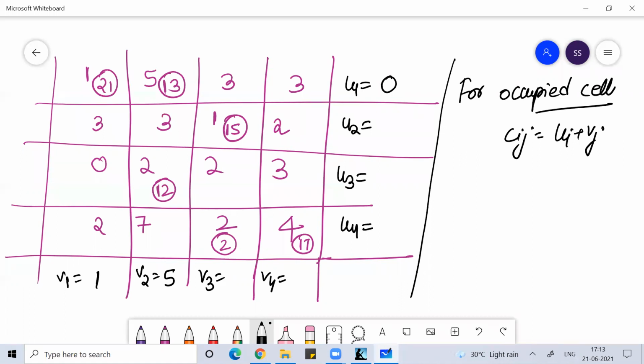Here a11 has cost 1, u1 is 0, v1 is 1. This is 5, this is 0. And then the cost is 2, u3 plus v2, v3 plus v2 equal to.